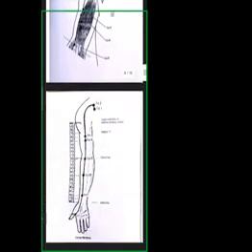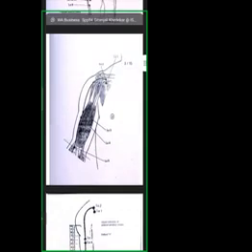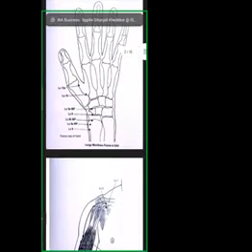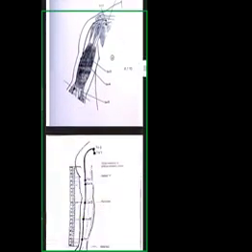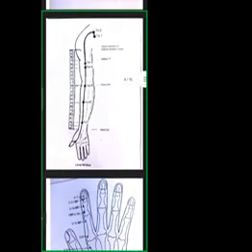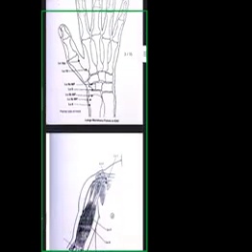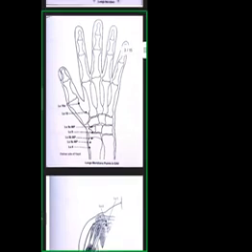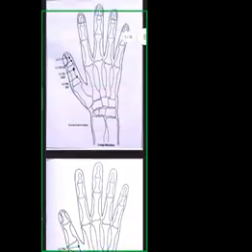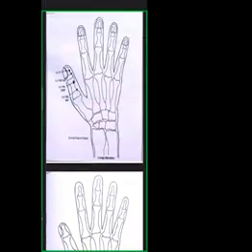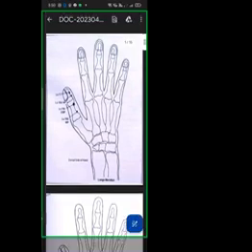This is lung 1, 2, 3, 4, 5. Then here 6 is there, 7, 8. Generally, you have to remember that Dr. Voll has found out most of the points on the extremities, the last part of both the extremities, the additional points.